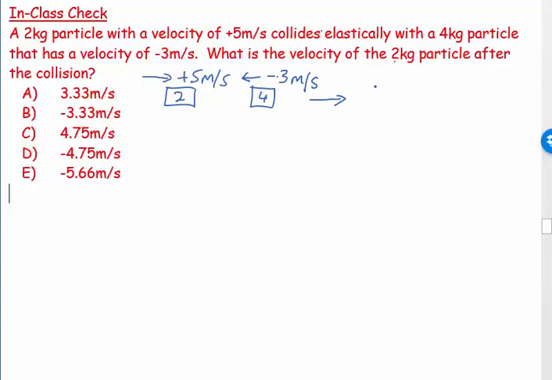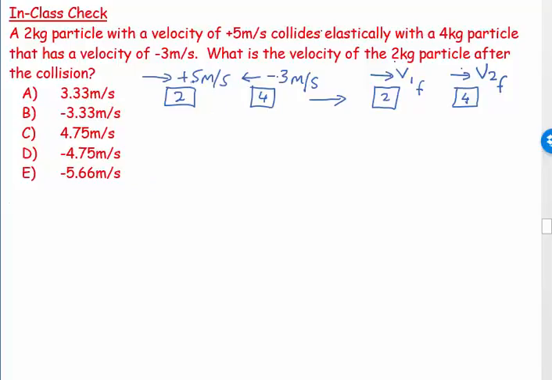It's not a perfectly inelastic collision. It's an elastic collision, but we don't know either of these two final values. So I'm going to call that V1 final and this one V2 final.